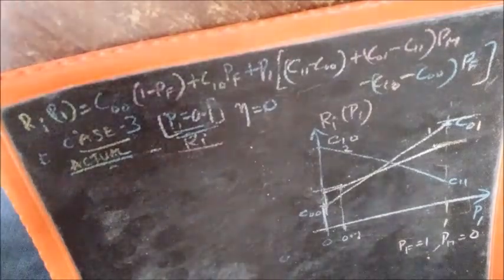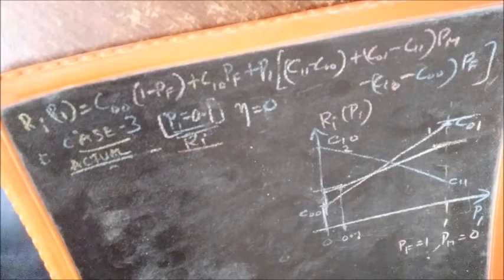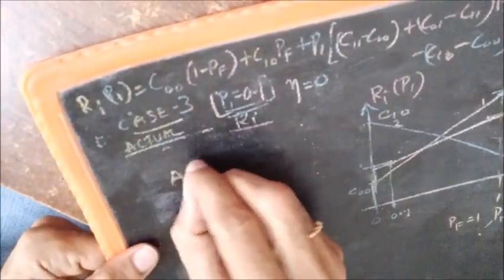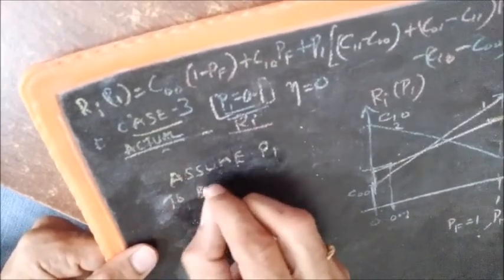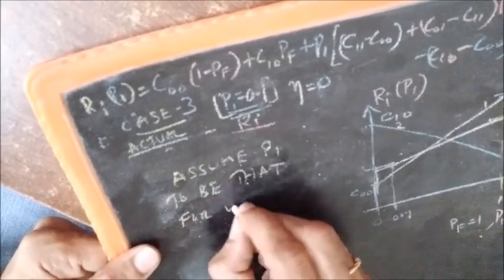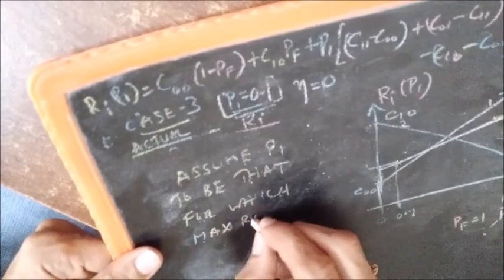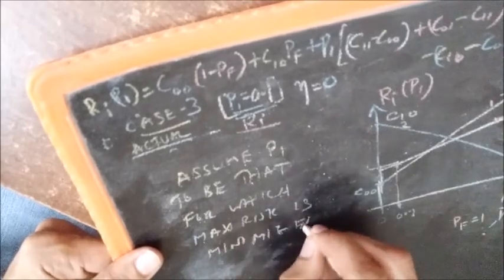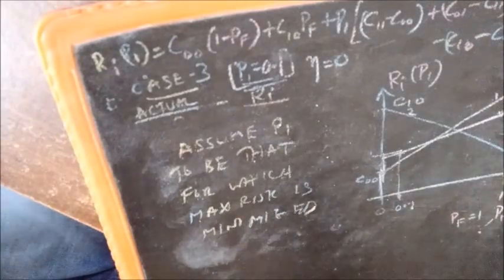The only way we can proceed when we do not know the actual P1 is to assume P1 to be that value for which the maximum risk is minimized.